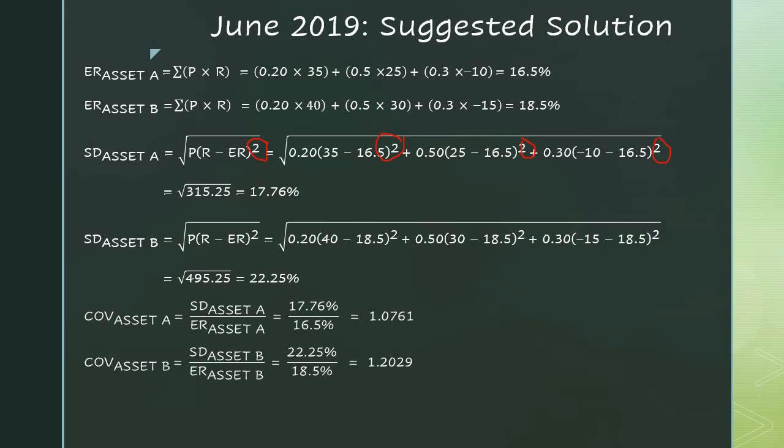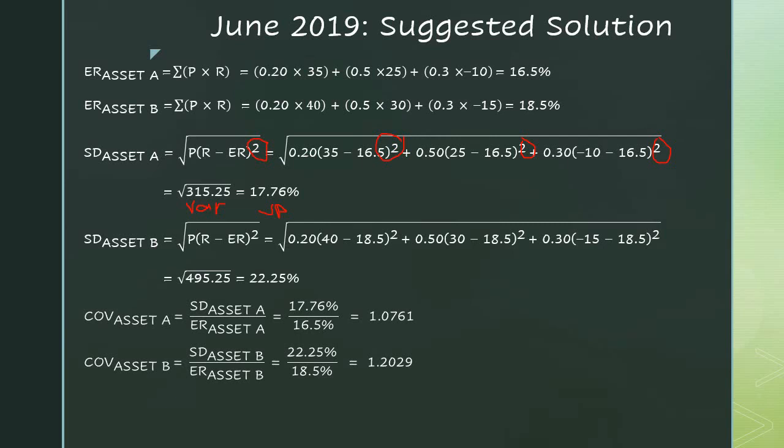And then you get 315.25. This is what we call variance. So for variance, you need to take the square root, and you should get the standard deviation. Some questions in your past year papers don't ask you to calculate standard deviation. Instead, they first ask you to calculate the expected return, then the variance, then the standard deviation.